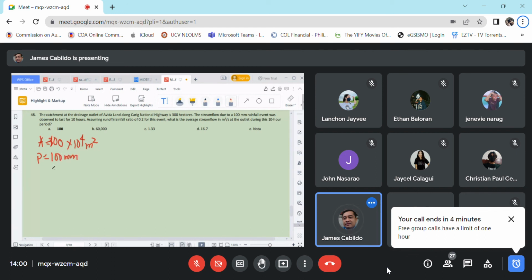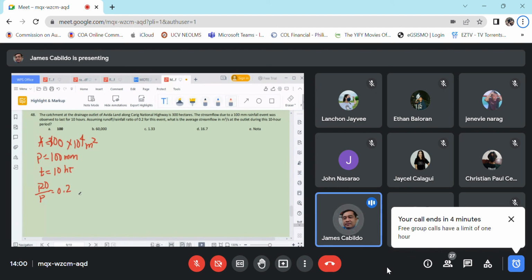And then delta T, ang observation time natin, is 10 hours. And then we are given the ratio, runoff over P ratio, which is 0.2. So ang tinatanong dito ay, what is the average stream flow in cubic meters per second at the outlet during this 10-hour period?